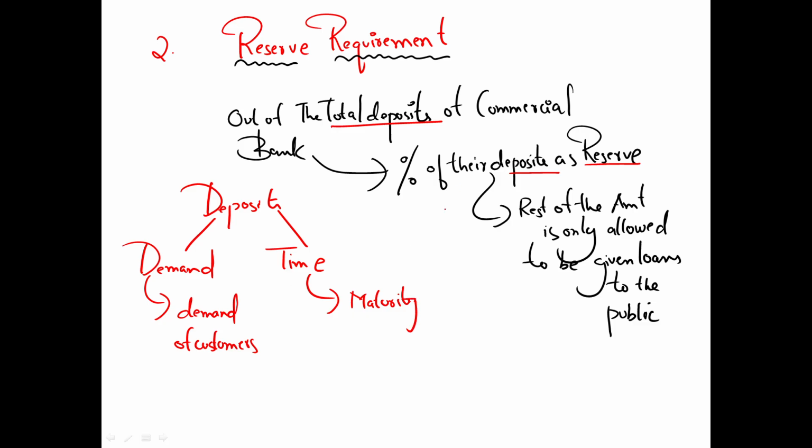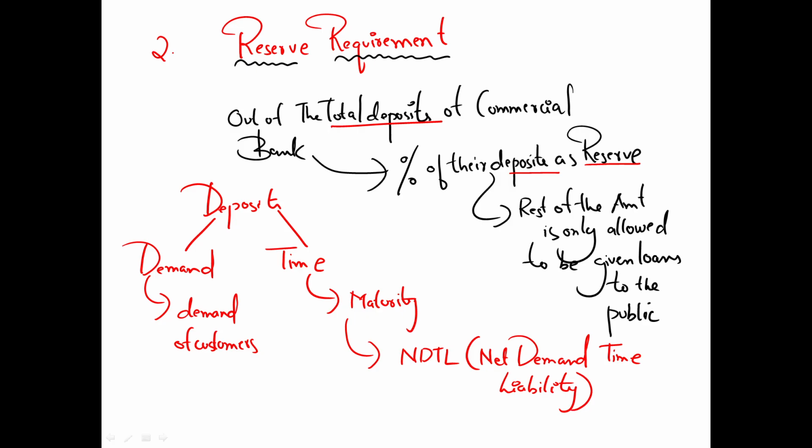In total, the deposits held by a commercial bank are known as NDTL, or net demand and time liability. I hope you got this much.